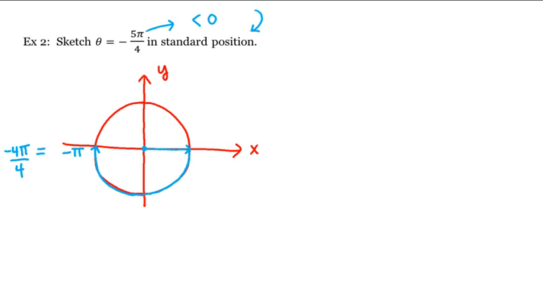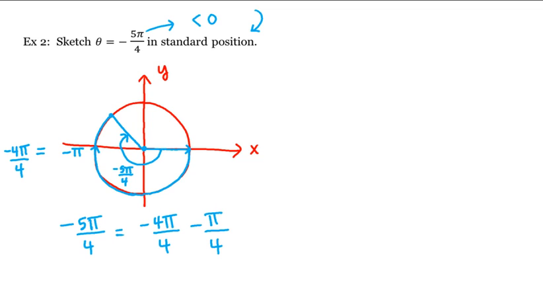We have to go negative pi fourths more. So this would be the angle here, negative 5 pi over 4. Because negative 5 pi over 4 is equal to negative 4 pi over 4 minus pi over 4.